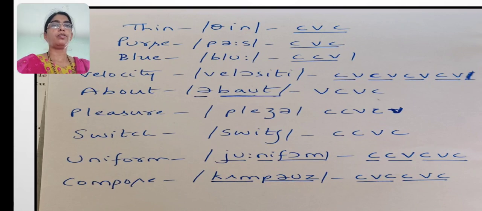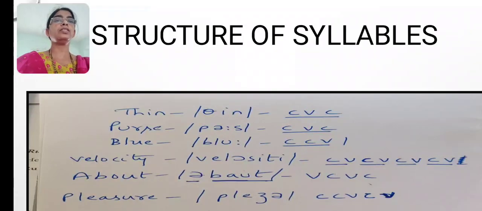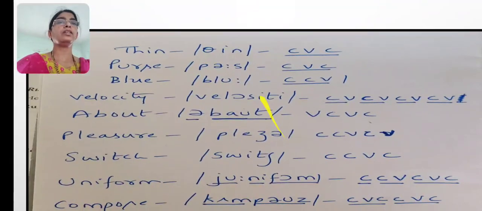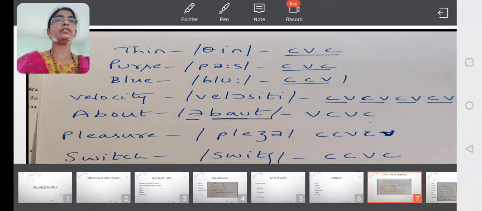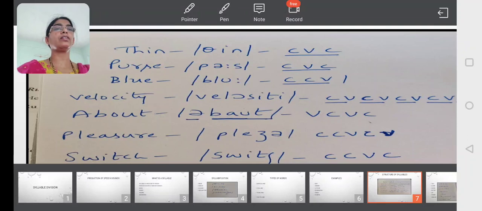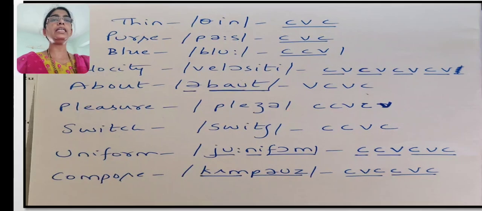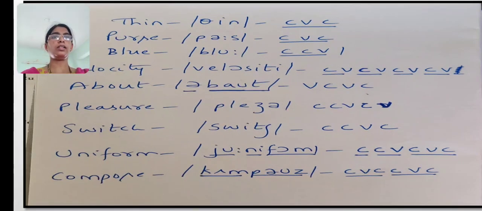Here are a few more examples. Thin: this is its phonetic transcription, and this is the structure of its syllables. The first is a consonant sound, so we write consonants as C. C means consonant. Then the second sound is a vowel sound; V stands for vowel.